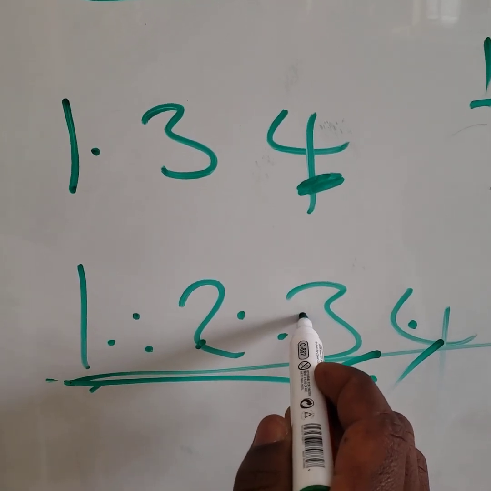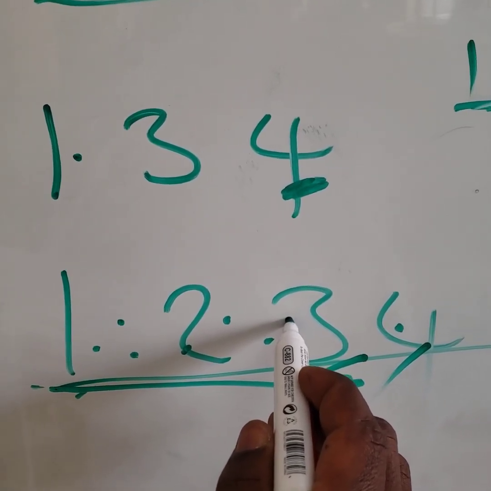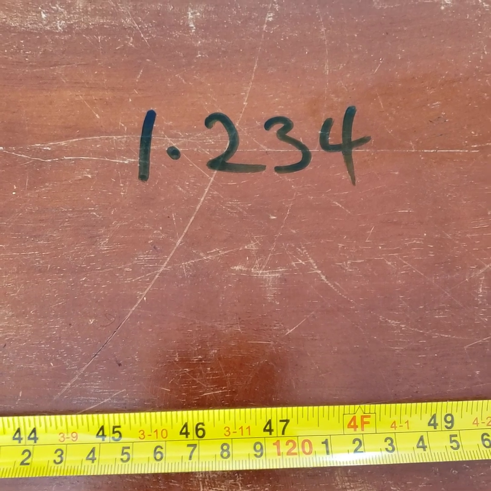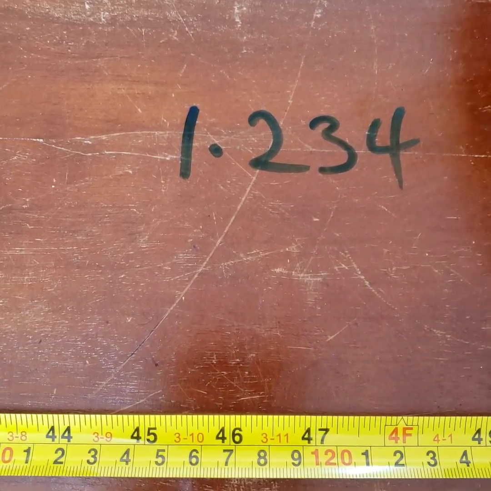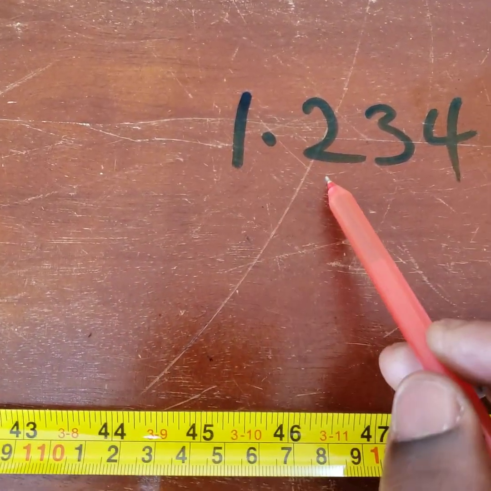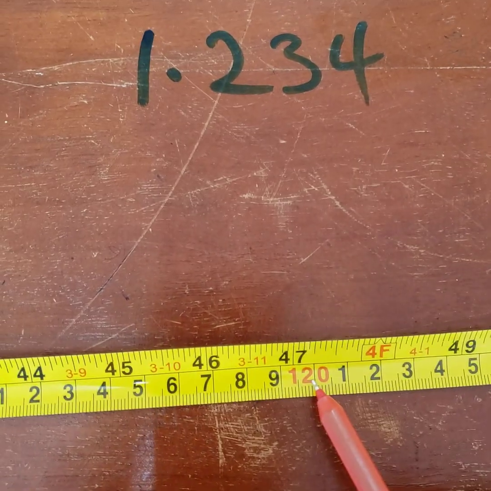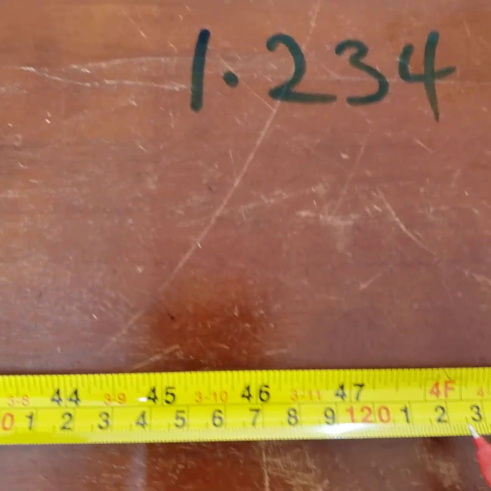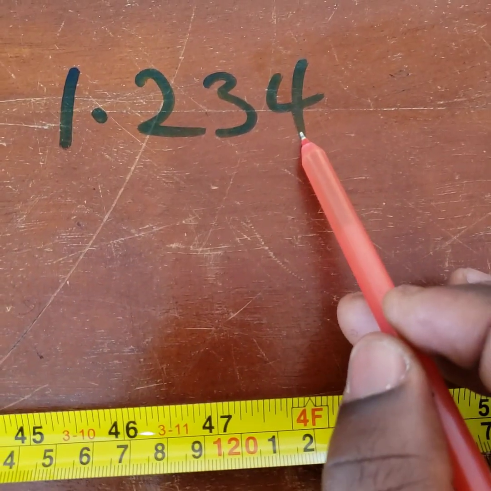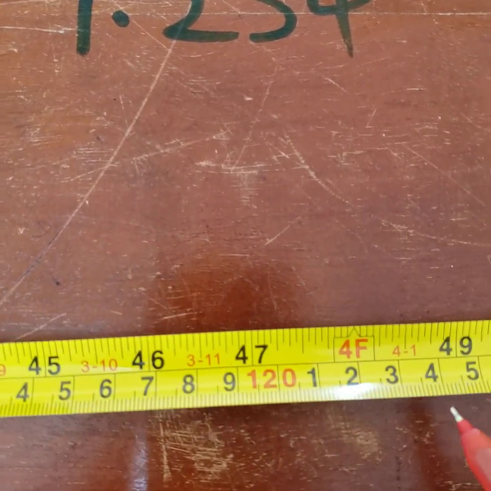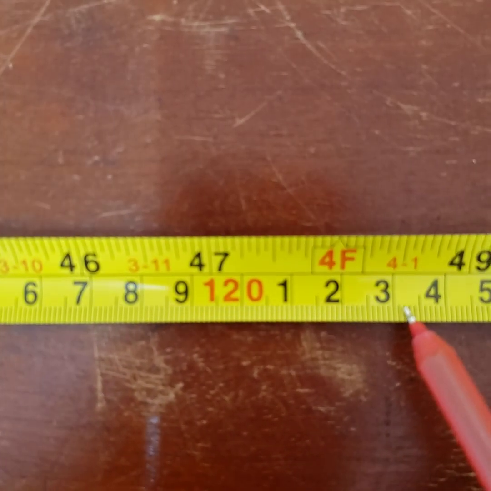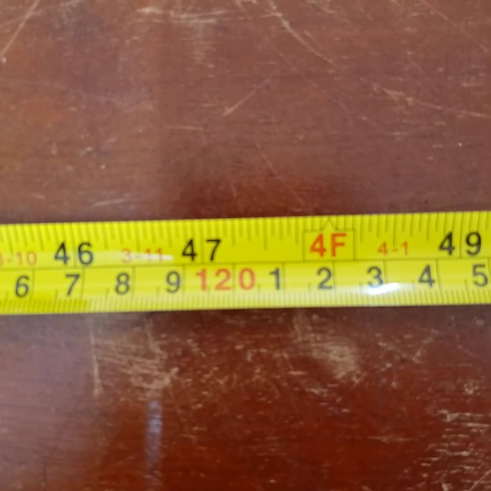Then the 3 will be the centimeter that adds up from 120, and then the 4 will be the small strips of millimeters, which are counted from the 3, which is 1, 2, 3, then 4.